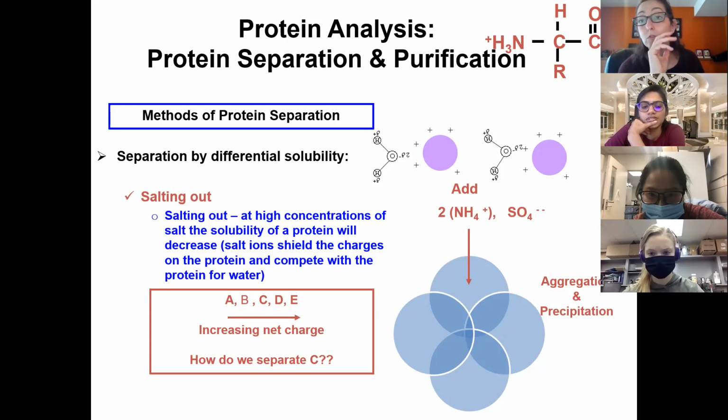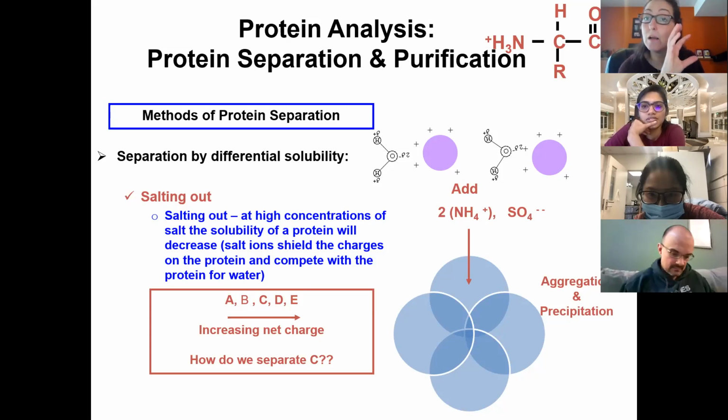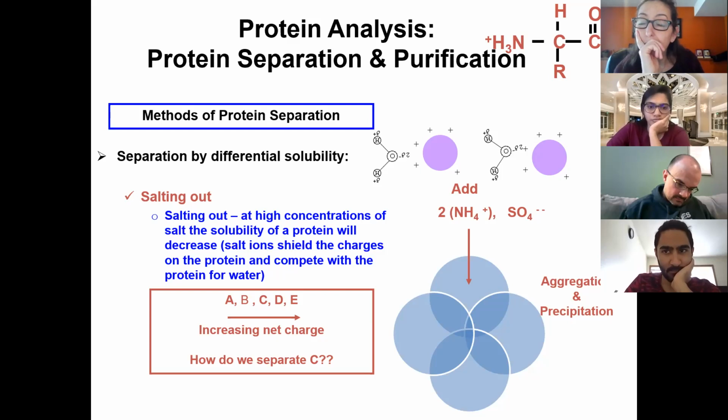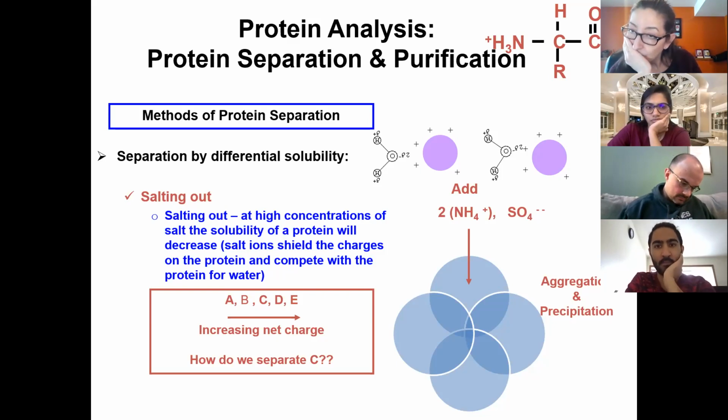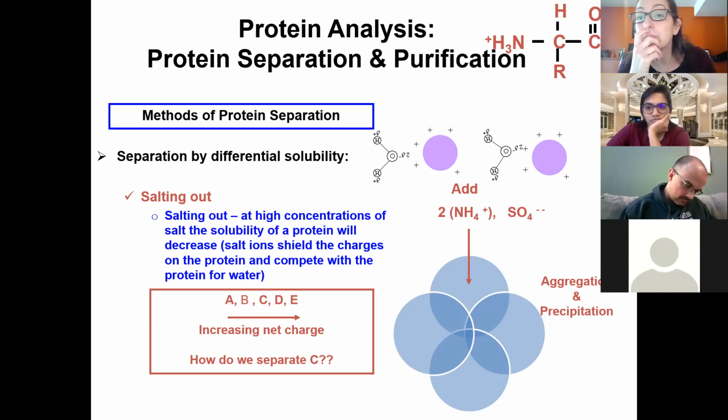Think about salting in, salting out. What would you do? I'm not looking for a very detailed approach, a general high-level approach. Something like a 2-step separation where we would first get rid of A and B by using a certain amount of salt concentration.